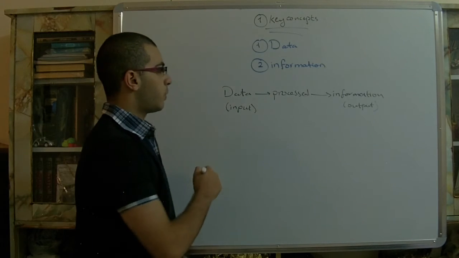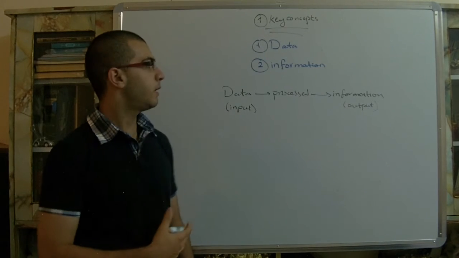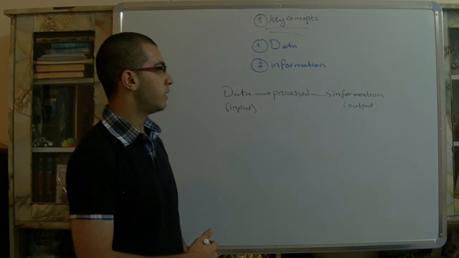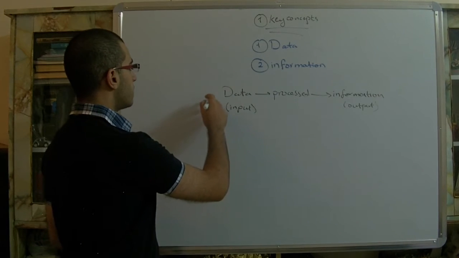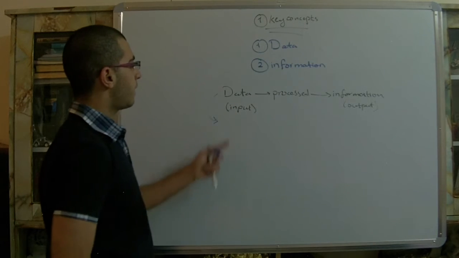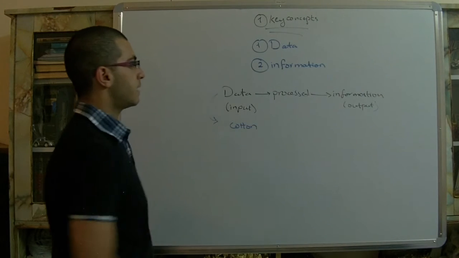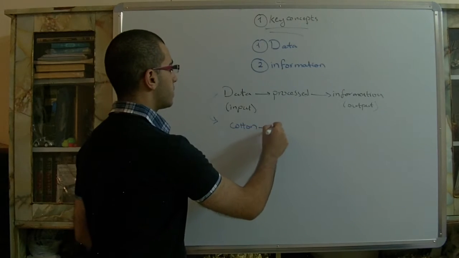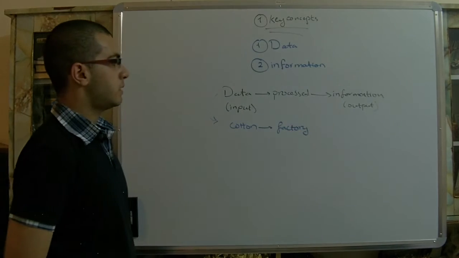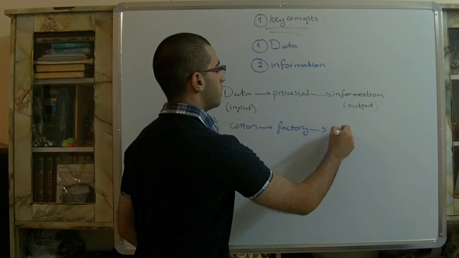We have another point saying that data affects the attitudes and the decisions of decision makers and normal individuals. To illustrate this, for example, if you have cotton as an input, then it enters a factory in order to be processed or manufactured to yield cotton cloth.